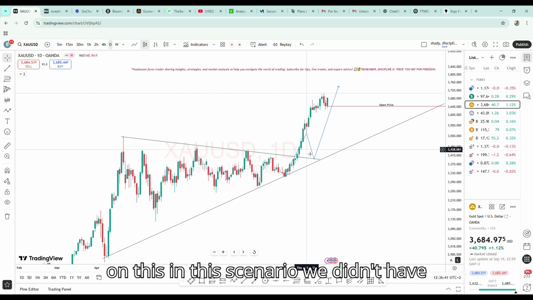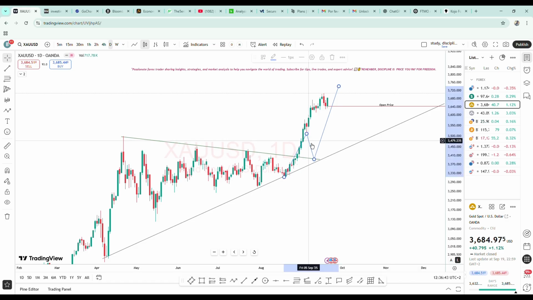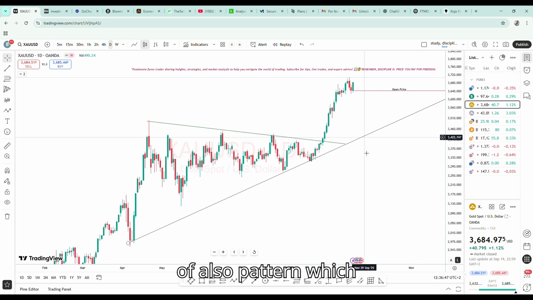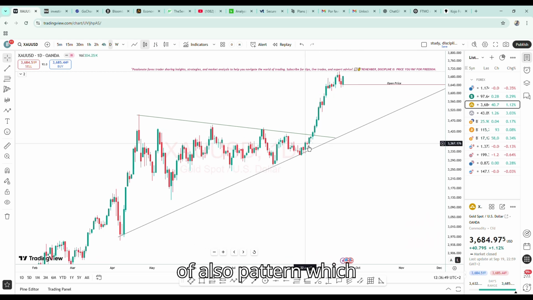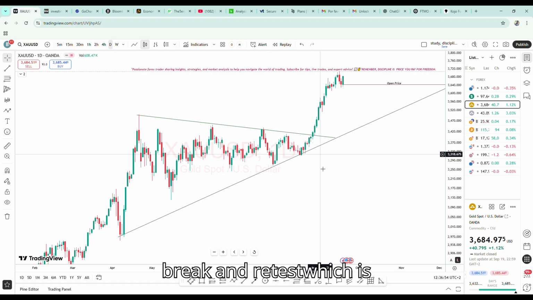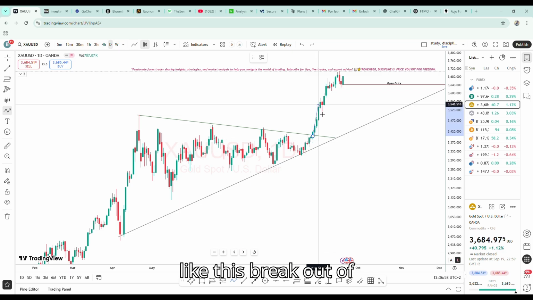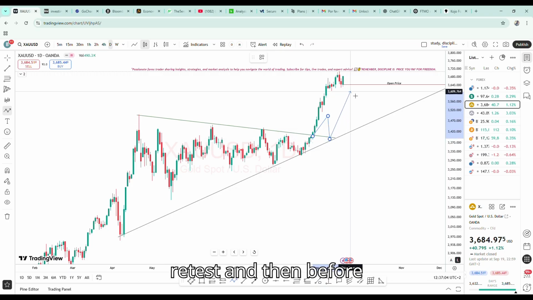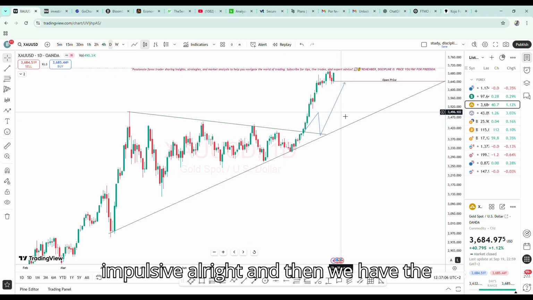But in this scenario, we didn't have that, and we have a different type of pattern. Some patterns break out of the trend line, then come back for a retest, and then go impulsive.